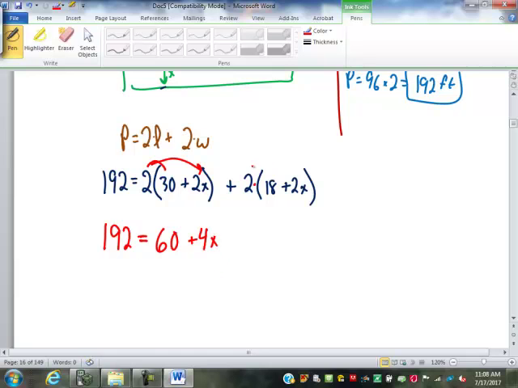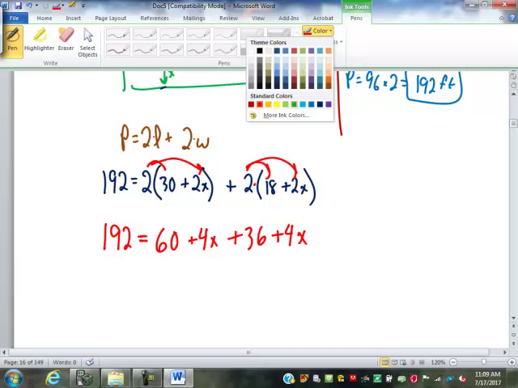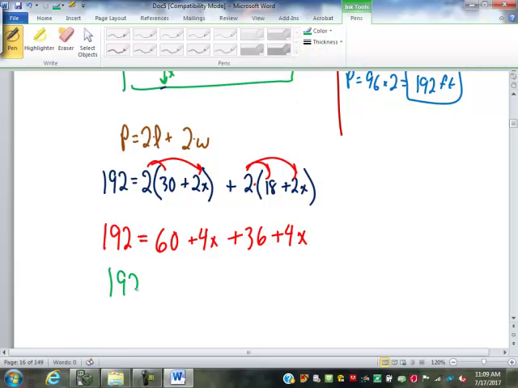We're going to multiply this 2 through the parentheses. 2 times 18, 36. And 2 times 2x, 4x. Now what? 60 and 36 make 96. And 4x and 4x makes 8x.